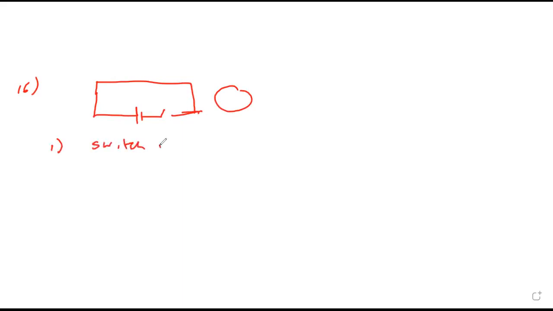16th one. Consider situation in the figure: if switch is closed and after some time it is opened again, then closed loop will show what? So first case, switch is closed.